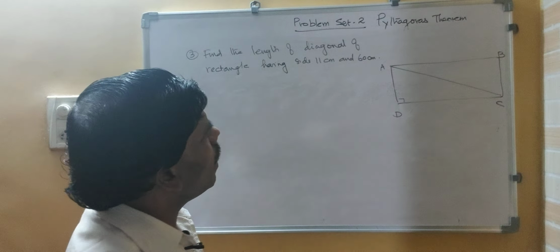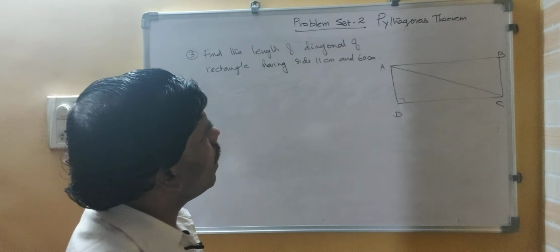So which theorem can you apply immediately? Pythagoras theorem. Therefore, by Pythagoras theorem, AC square equal to AD square plus DC square. So AC square equal to 11 square plus 60 square, 121 plus 3600.